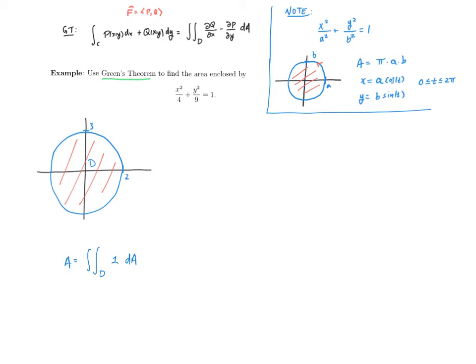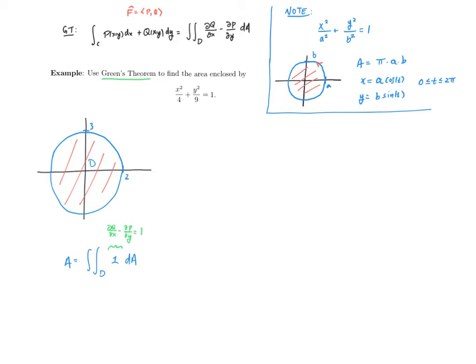And if we are going to be applying Green's theorem, this quantity 1 is representing what we see inside our double integral on the right side of the Green's theorem formula. It would be dq dx minus dp dy. And that dq dx minus dp dy must be equal to 1.